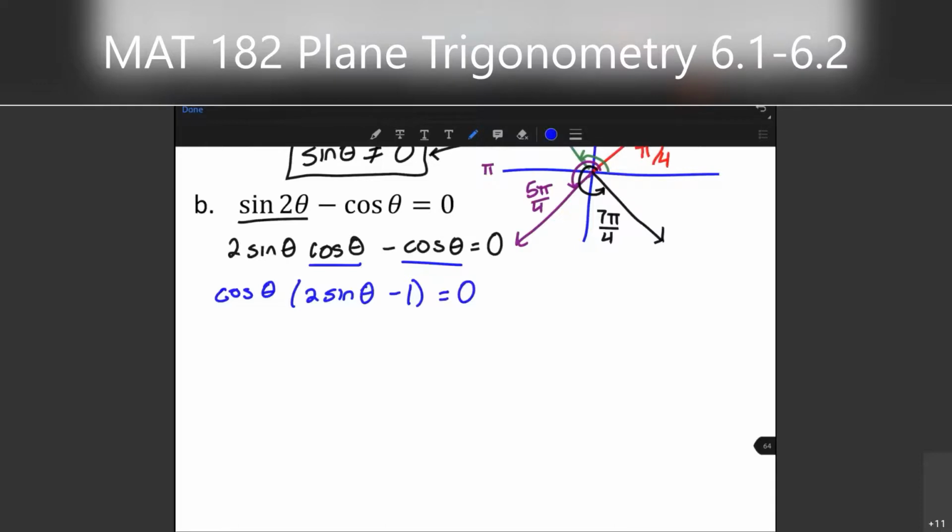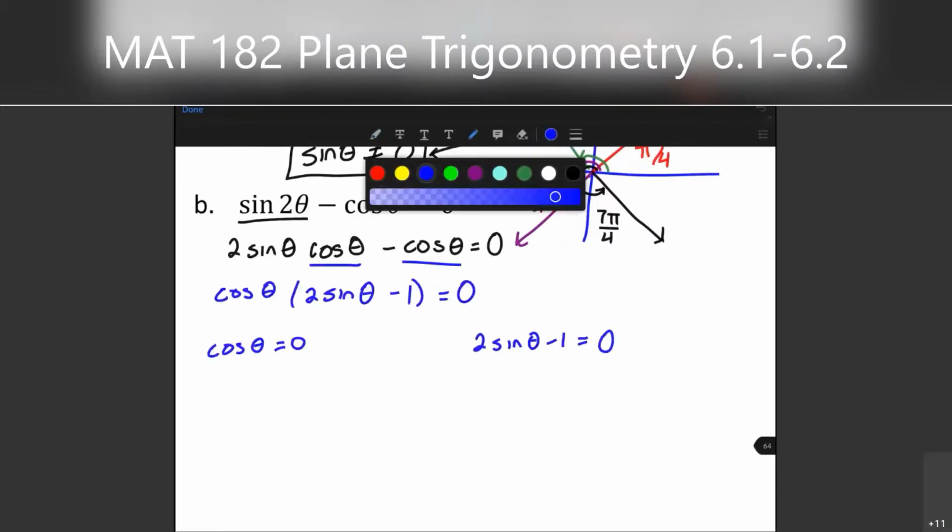Now we can look at two different equations to solve. One would involve cosine theta equal to 0, and the other would be 2 sine theta minus 1 equal to 0. Let's start with the one on the left. What angle would give us a cosine equal to 0? Cosine, again, is our x-coordinate.